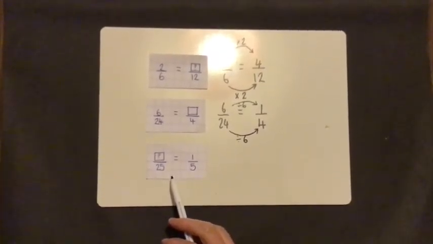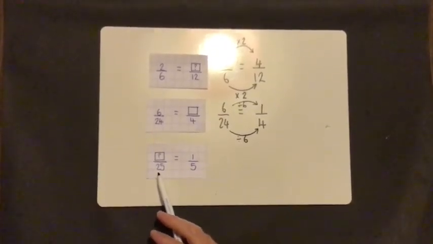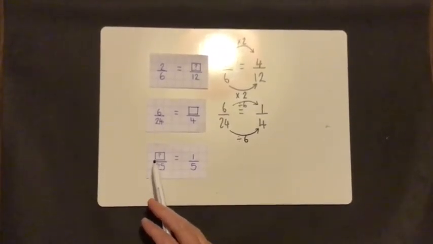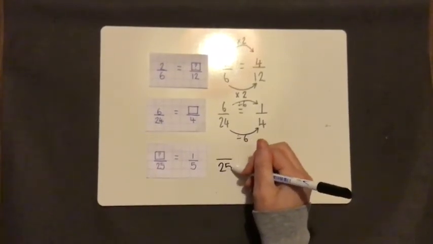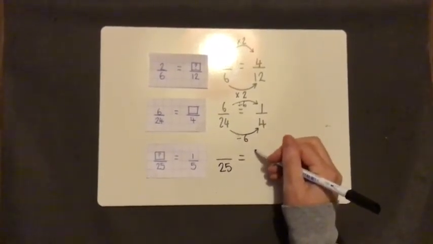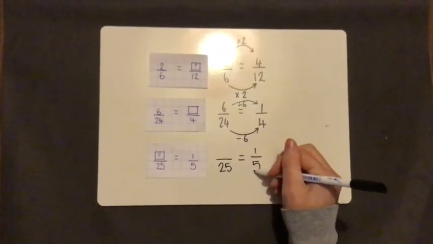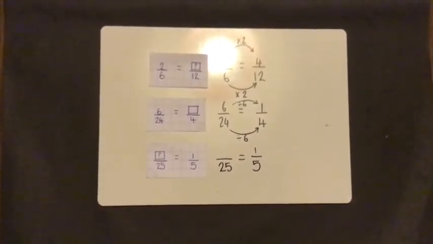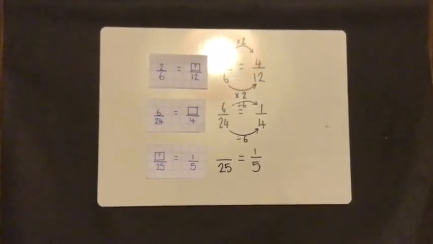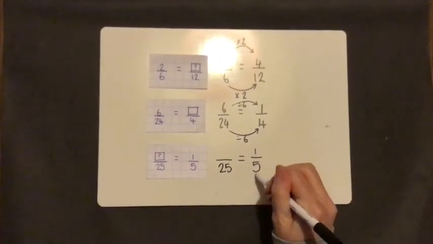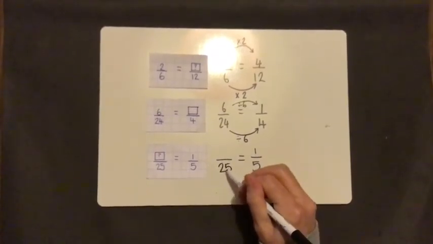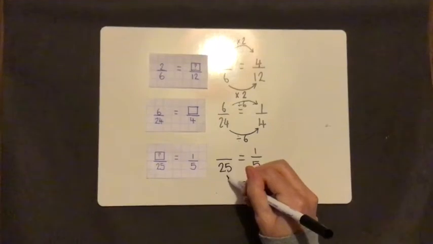This third one, it was a little bit different. The numerator that was missing was over on this side. So we've got something 25ths is equal to 1/5. Now this might look a little bit more tricky, but we actually just do exactly the same thing. We just work from the other side. So looking at the numbers we've got, we think about, well, how can I turn fifths into 25ths?